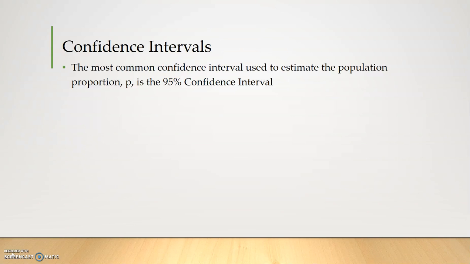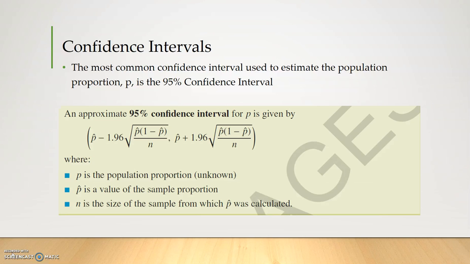As you know, the most common confidence interval used to estimate the population proportion P is the 95% confidence interval. Here is the formula for the 95% confidence interval for P. You can see that the interval ranges from this minimum value to this maximum value.